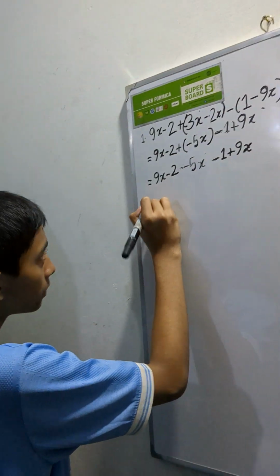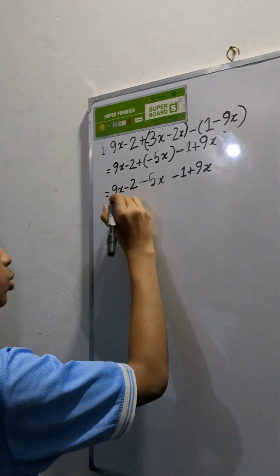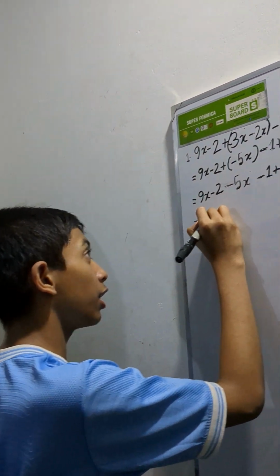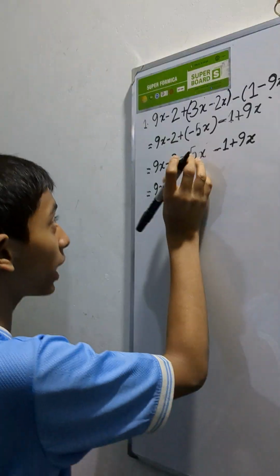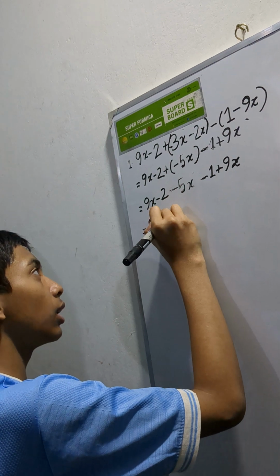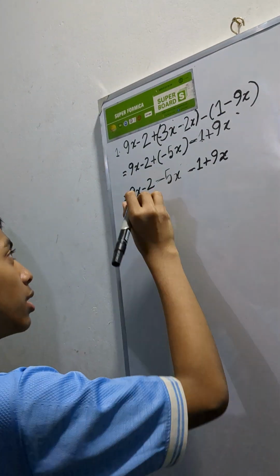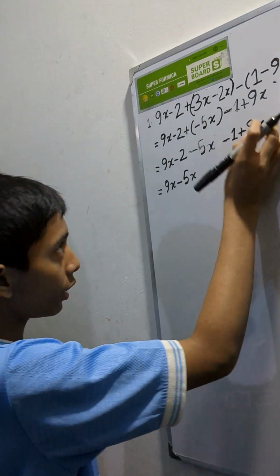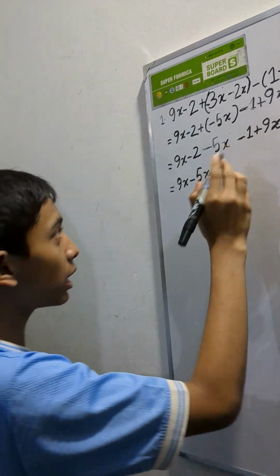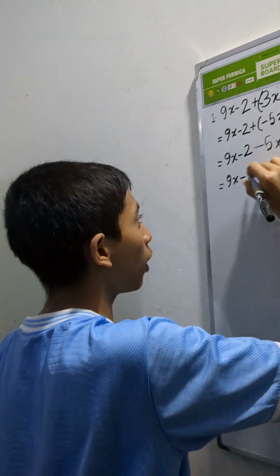So now here after 9x here is minus 2, and after 2 here is minus 5x, so we'll take this here, minus 9x minus 5x. Then here's also 9x plus 9x here, so we'll take this 9x after 5x.